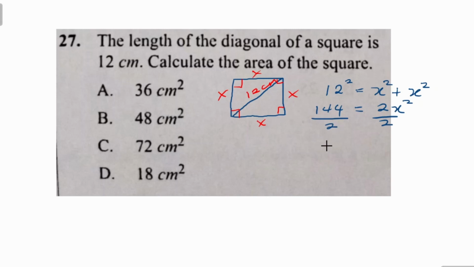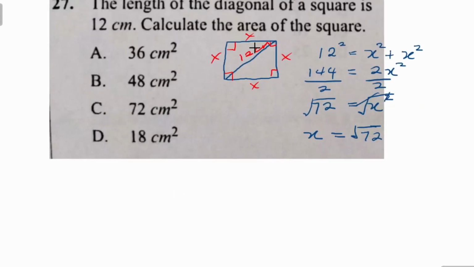So 144 divided by 2 is 72. Then this gives us x squared. We are solving for x and not x squared. So how do we remove the square? I'm sure you'll tell me that we take the square root of both sides. So we take the square root of this and we do the same thing to the left side. And the square cancels the square root. So not to do any approximation, we'll say that x equals the square root of 72.